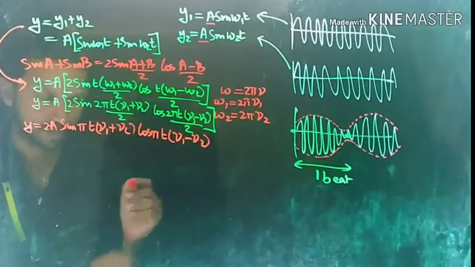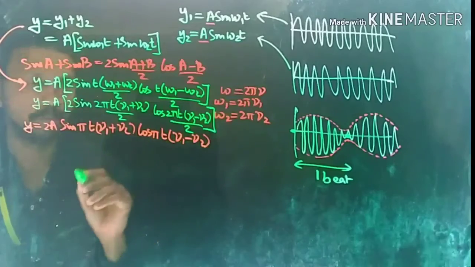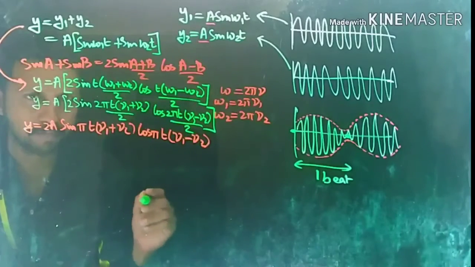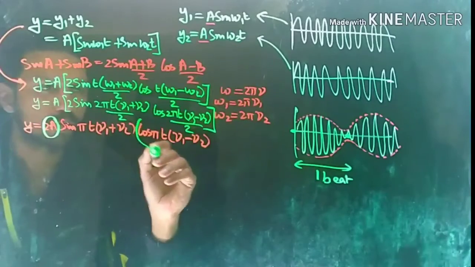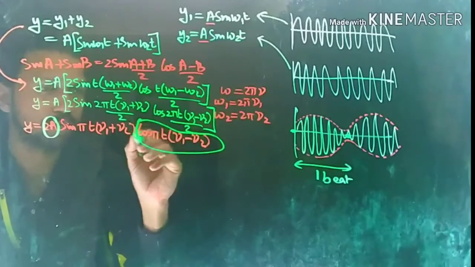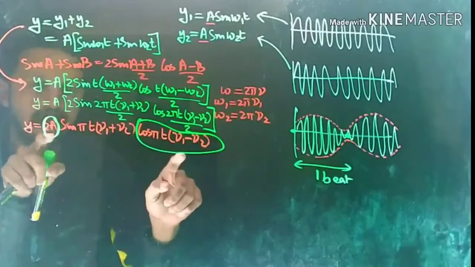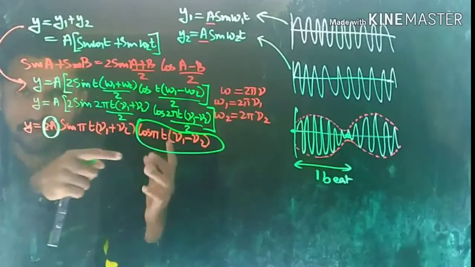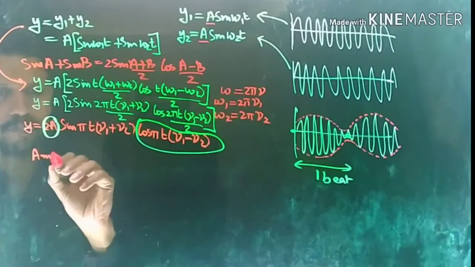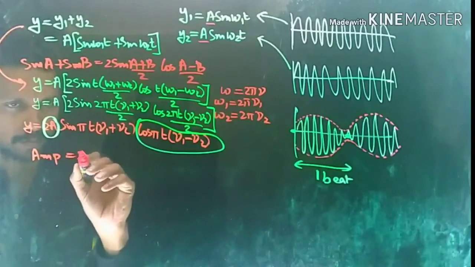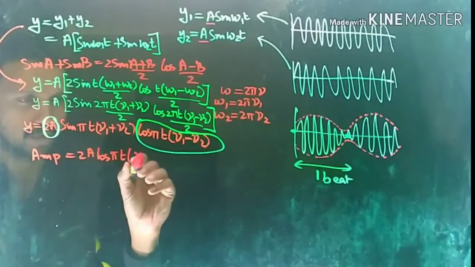And if we are analyzing this equation, this is the equation for the beat wave, and the term remaining after the sine function is 2a cos pi t into (nu 1 minus nu 2). Therefore, the highlighted term is the amplitude of the beat wave. So I'm writing the amplitude of the beat wave is 2a cos pi t into (nu 1 minus nu 2).